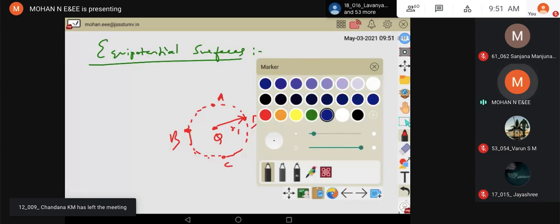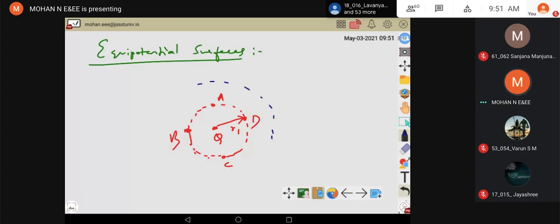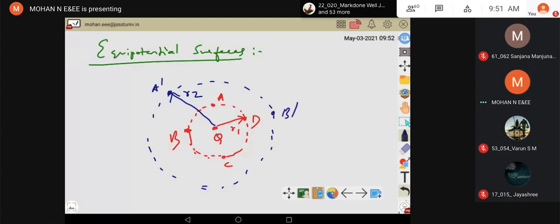You can have one more imaginary circle like this, and let the radius be R2, and let the points be A dash, B dash, C dash, and D dash. Now A dash, B dash, C dash, D dash are at the same distance R2 from Q, the origin.